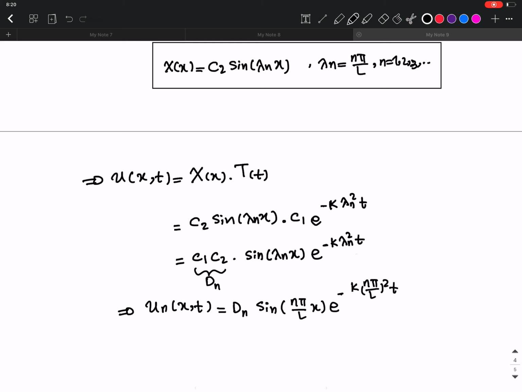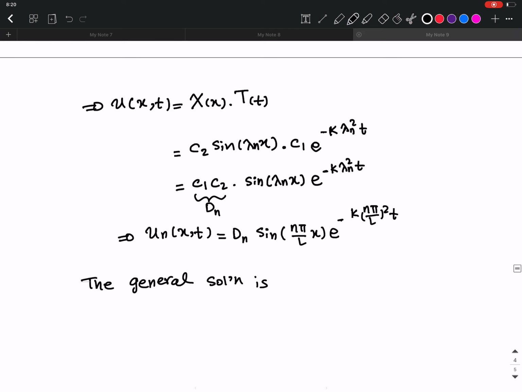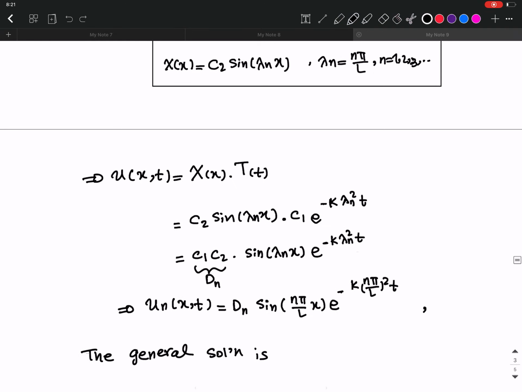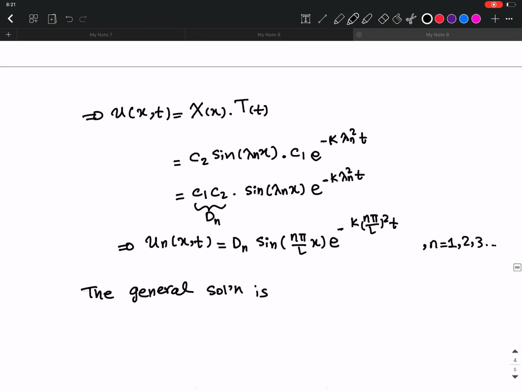Okay, so this is one solution of u, and the general solution is, if you sum all the different n's here, because n can be, as we had from there, 1, 2, 3, etc. So the general solution of this PDE is u of x and t equals the sum of all the possible solutions, or all the n's.